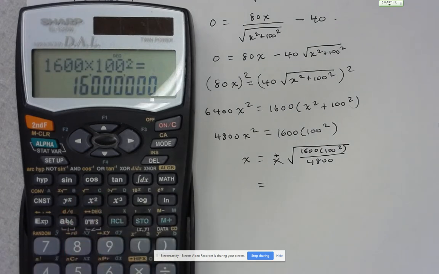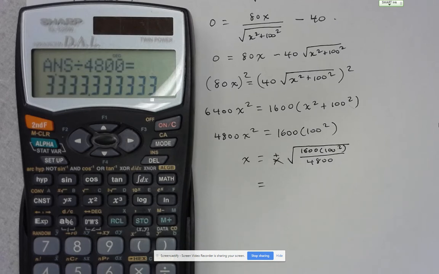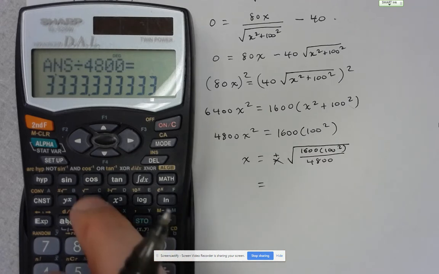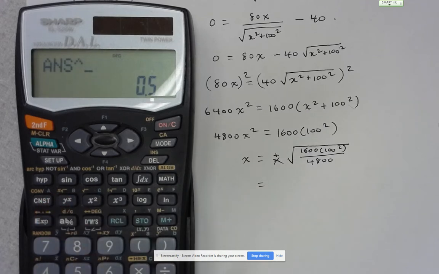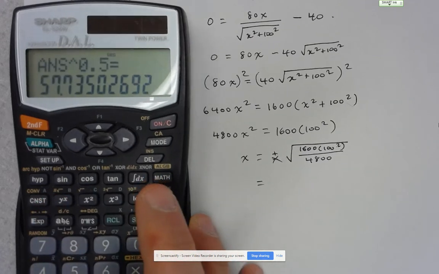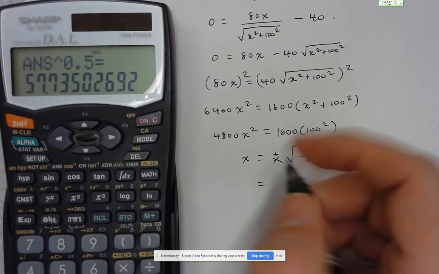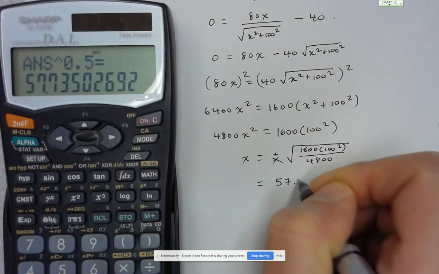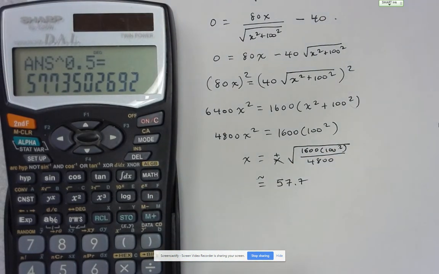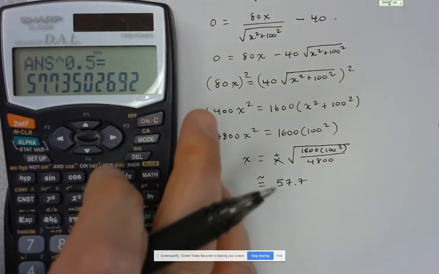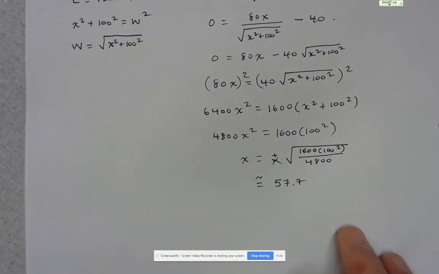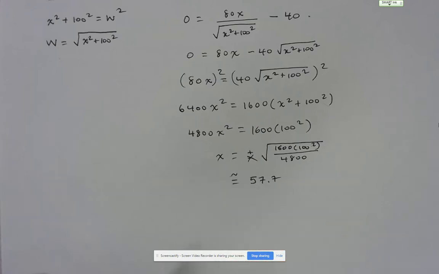There we go. Divided by 4,800. Okay, and then I'm going to take that to the exponent of 0.5 because that's what taking the square root is. So here we have 57.7 approximately. All right, so this is the x value, which is going to be my critical point.